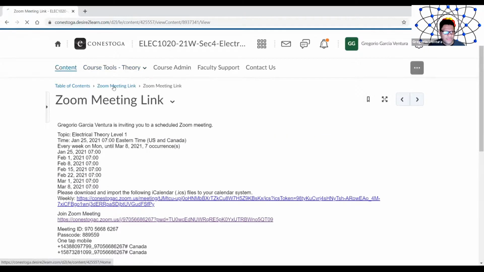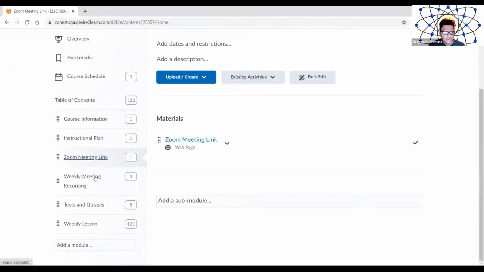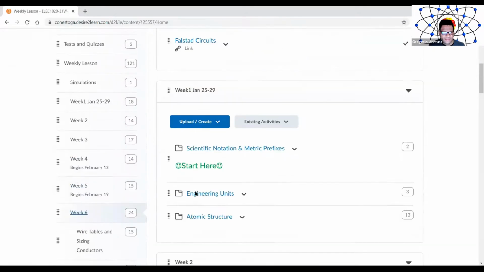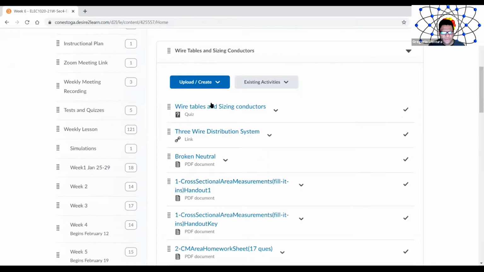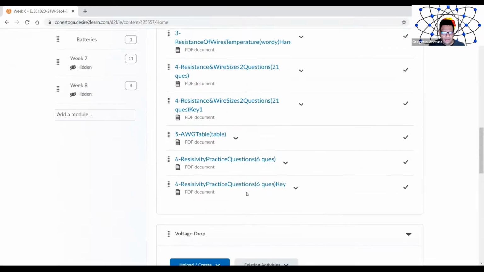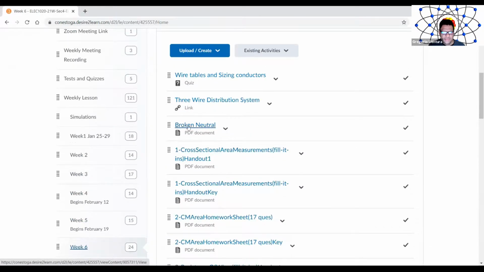What you are going to do on that circuit is go to your course content, weekly lesson, and then under week 6, you are going to open this handout, which is called the broken neutral.